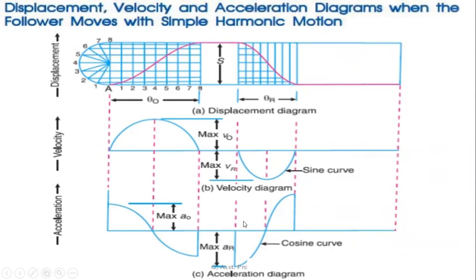Next one is the simple harmonic motion. So in the simple harmonic motion, the line is like a curve.